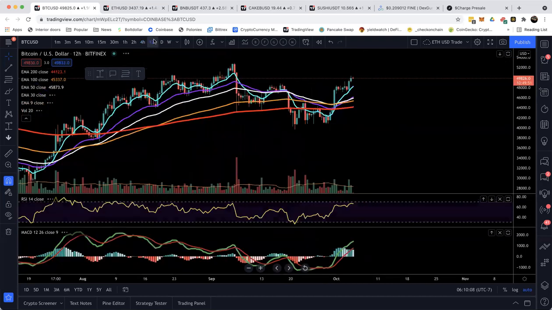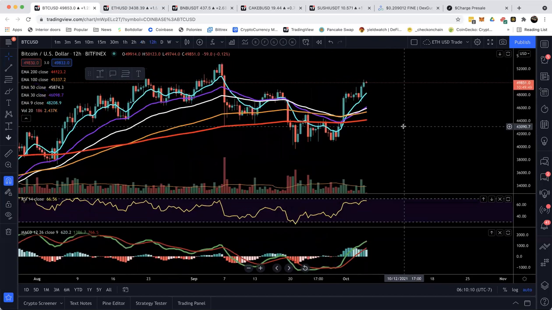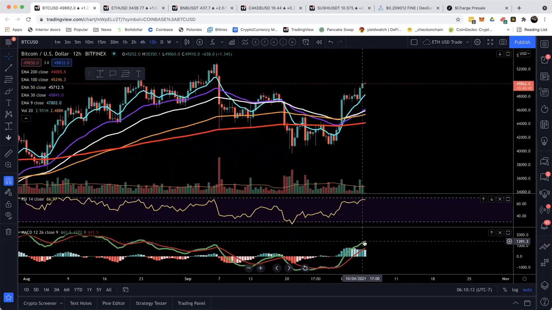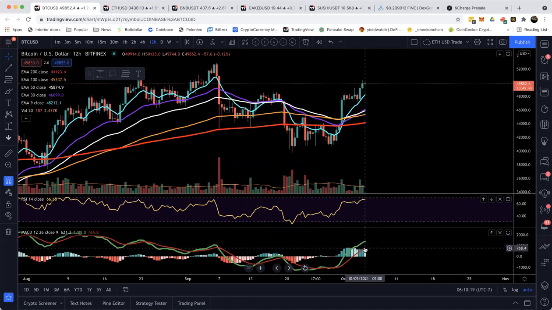Now, on the 12-hour time frame, we have a really nice momentum to the upside on the MACD. But one of the things that I do look at as well in the MACD is the distance between the cross indicator and the MACD. It is separating.